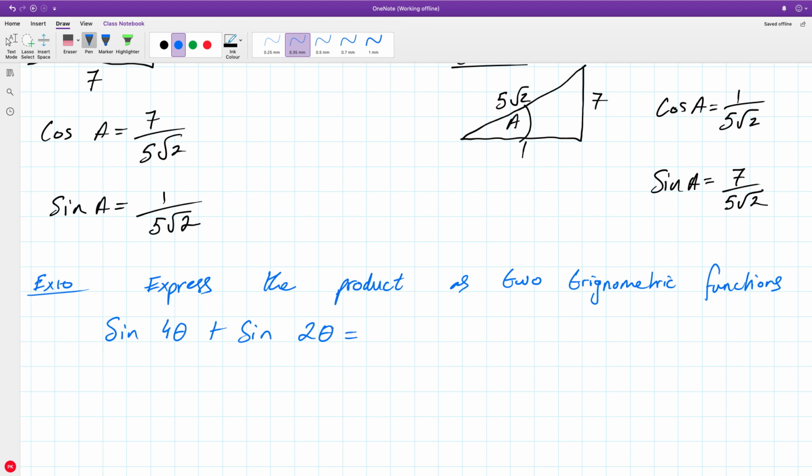So the sum and product angle formulas are on page 15 in our logbook. This is the sine of A plus the sine of B. That should be expressed as the product.